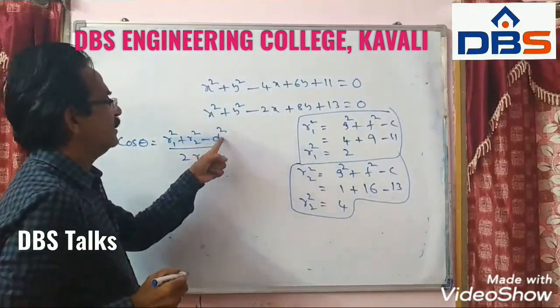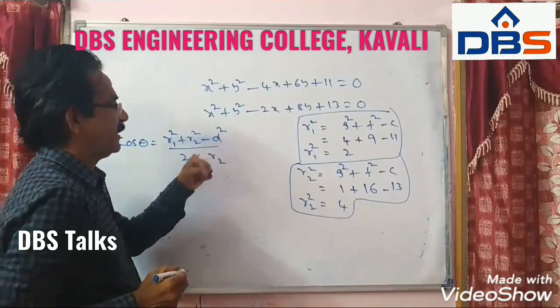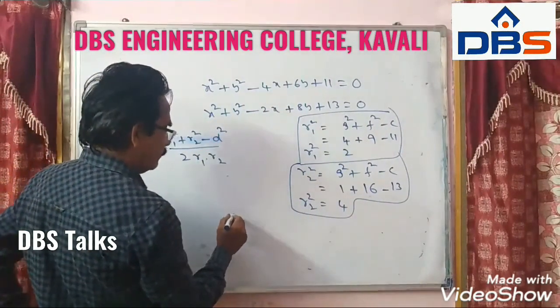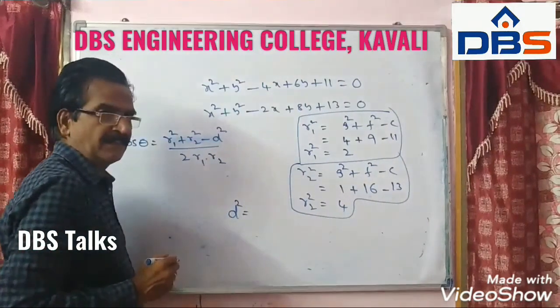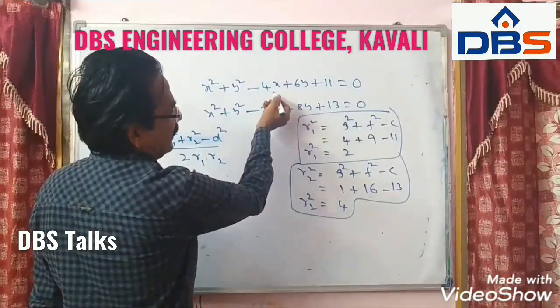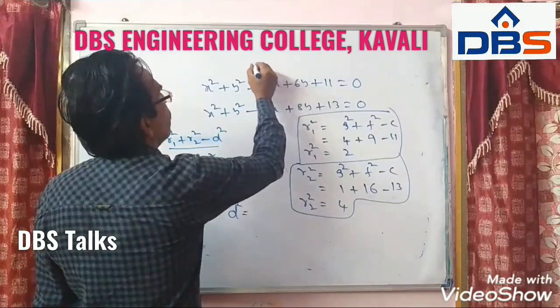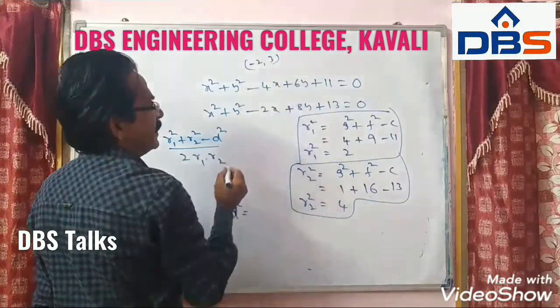What else do we want? d square. d square is the distance between the centers of the two circles. What is the center of this circle? Minus g, minus f: minus 2 comma 3 is the center of this circle.